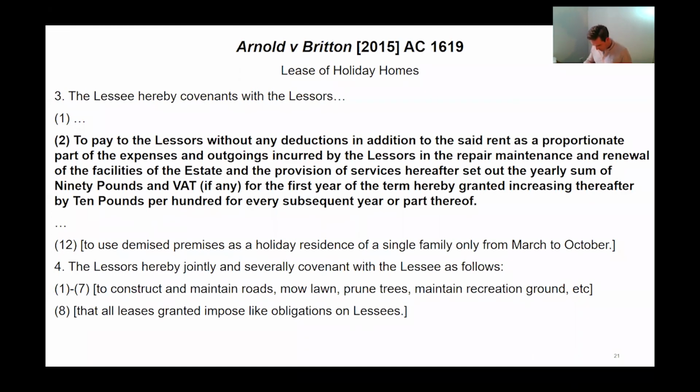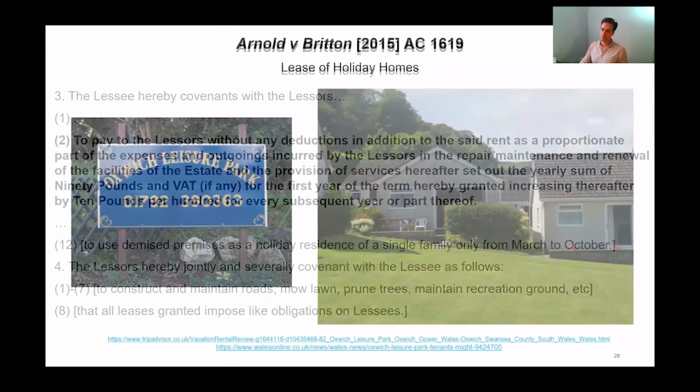Now, fast forward to 2015, and the quantification of this sum is getting quite large. In 2015, the amount of this charge was £2,500, and by 2072, it would be £550,000 per year in terms of expenses and outgoings for this holiday home.